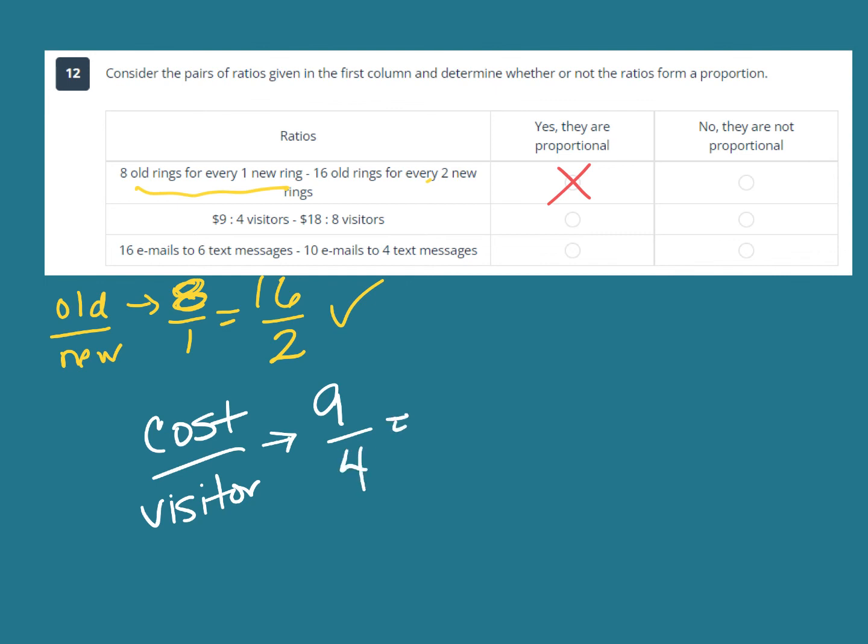They're asking us, is that the same as 18 to 8? Looks like it is. Times 2, times 2. Once again, another obvious one. I'd say that is, in fact, proportional. Last one.